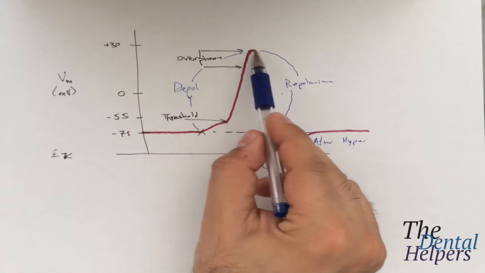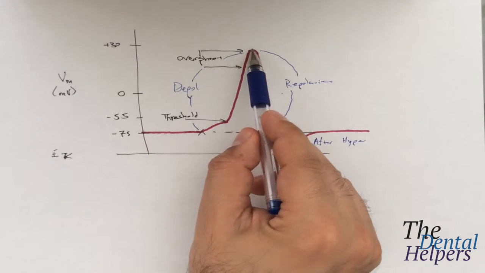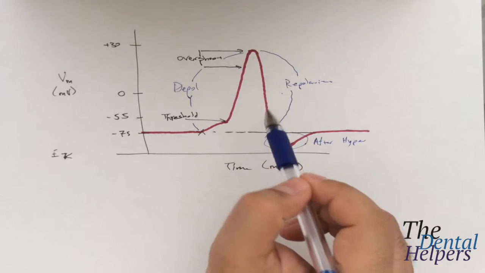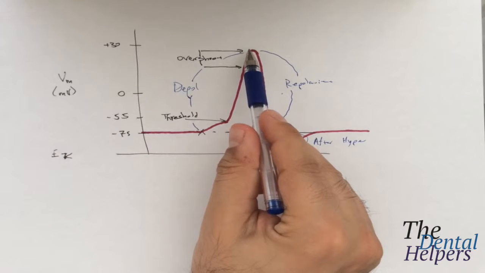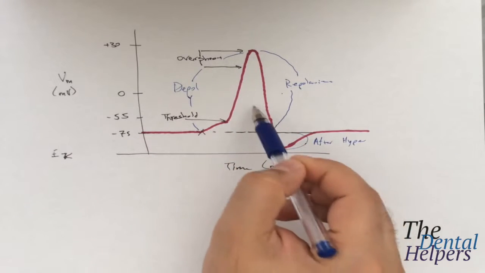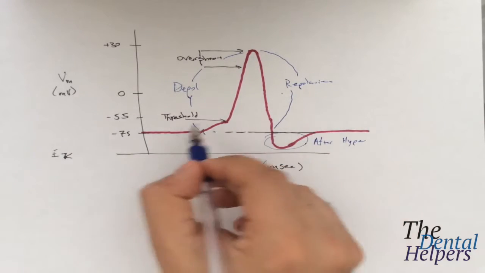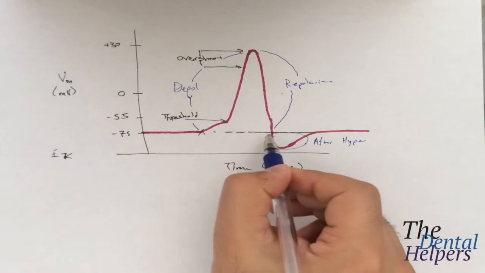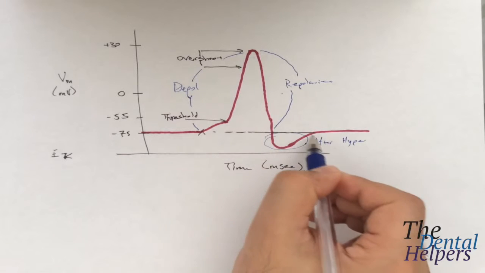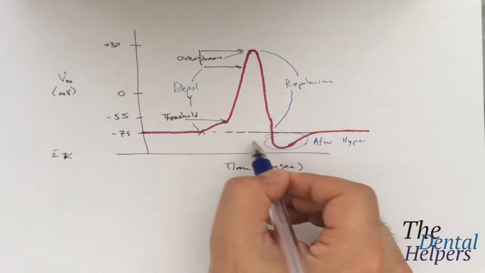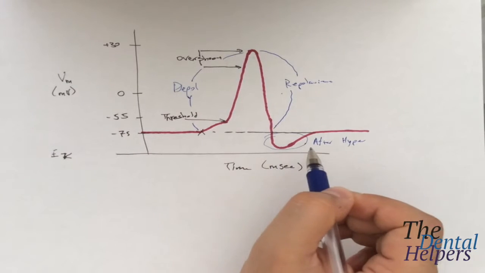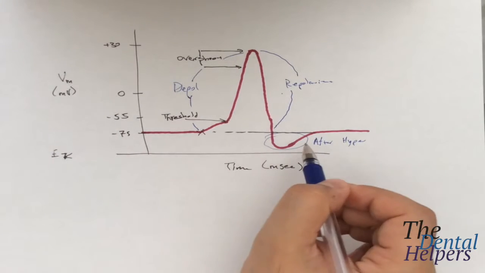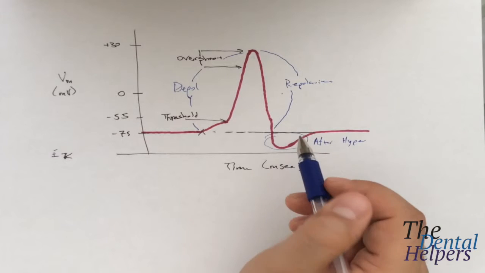Once we've overshot, now the cell wants to come back to normal, so it's going to repolarize. Repolarizing means we're going to go back to the more negative value. Going beyond the equilibrium value, we're going to hyperpolarize, meaning that we become more negative, hyper meaning more, negative from the resting membrane potential.